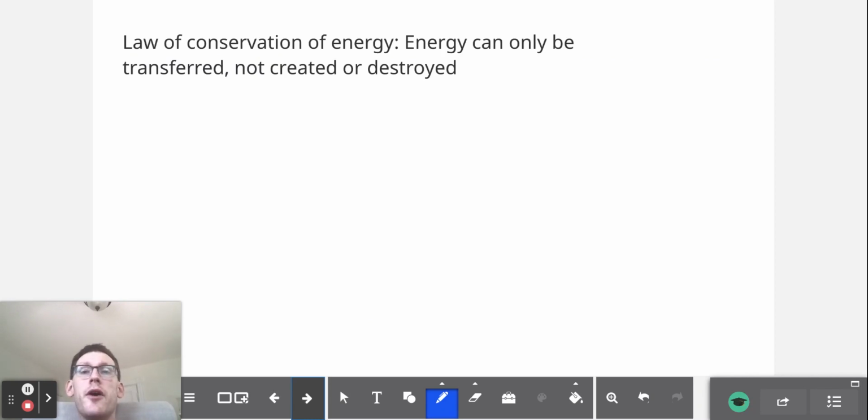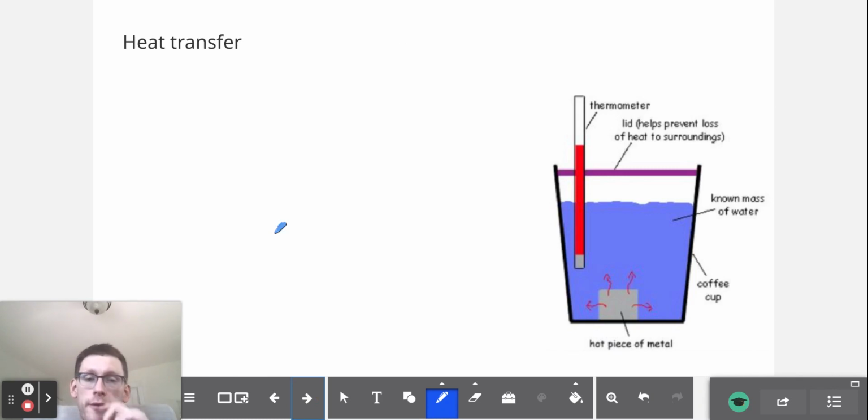Finally, we have the law of conservation of energy, which is that energy can only be transferred and not created or destroyed. And this leads us to the principle of heat transfer. If we have, for example, a hot piece of metal and we throw that into some water, the hot piece of metal will undergo an exothermic process, releasing heat that is absorbed by the water in an endothermic process.